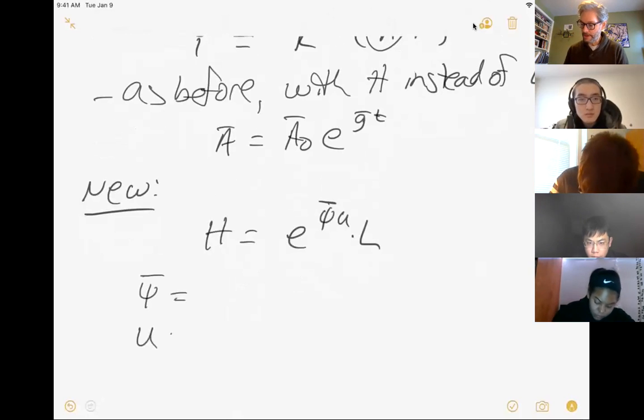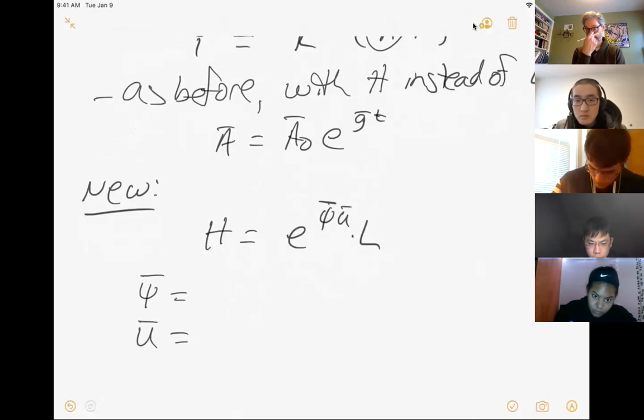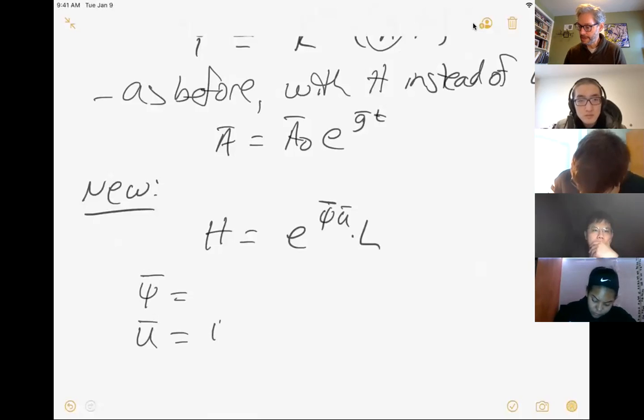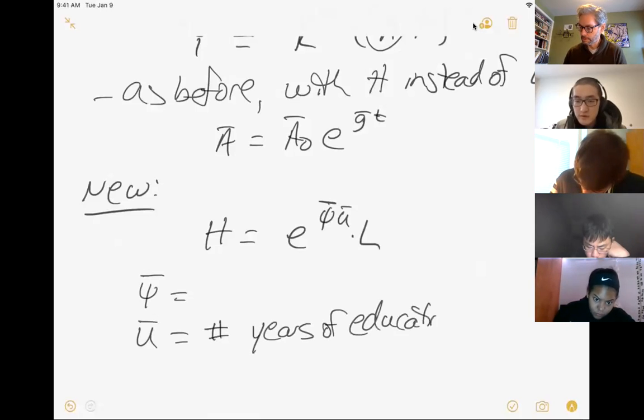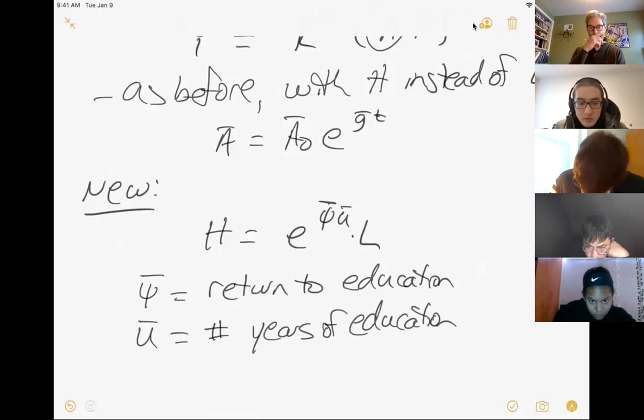And then we also have U, and U is also exogenous. What is U? U is the number of years of education, and psi you can think of as the return to education.